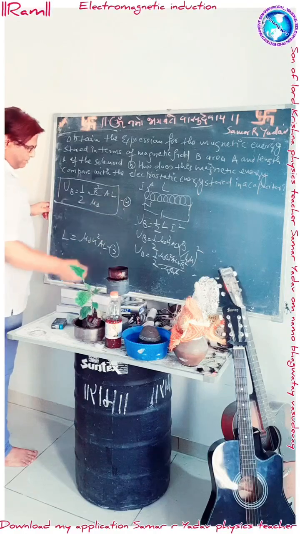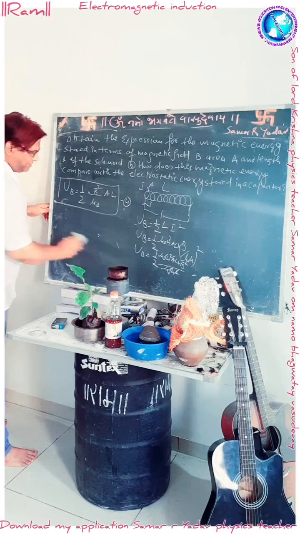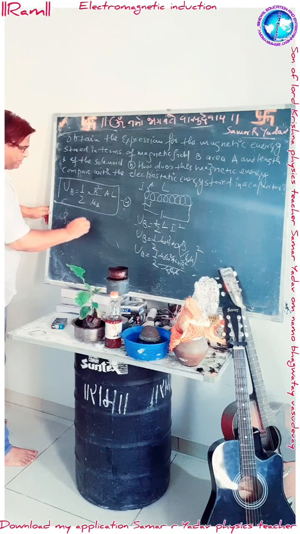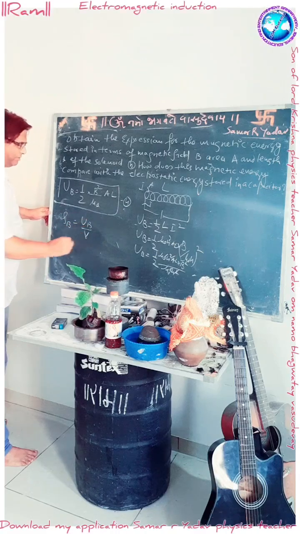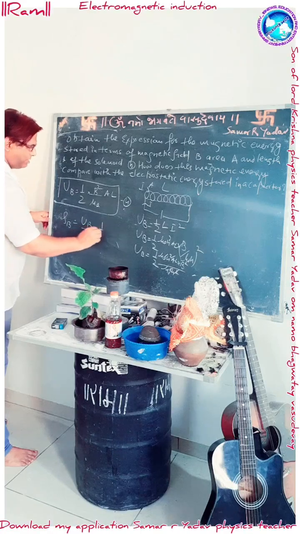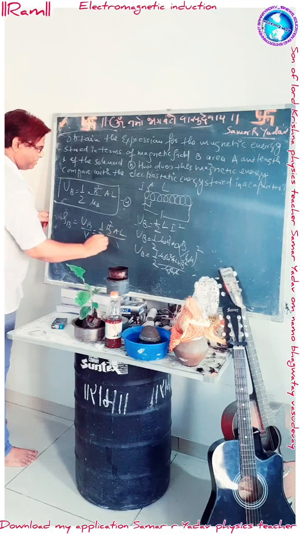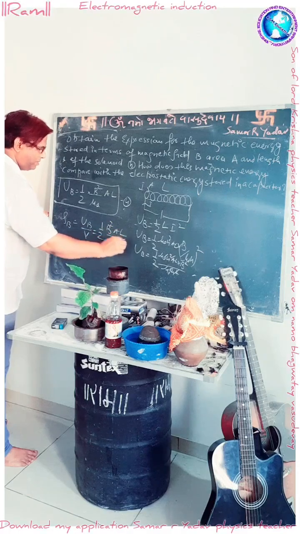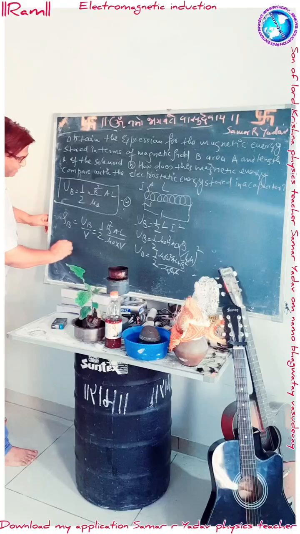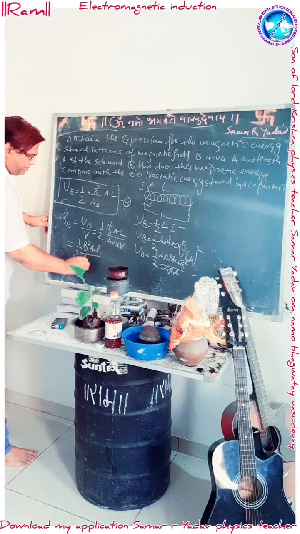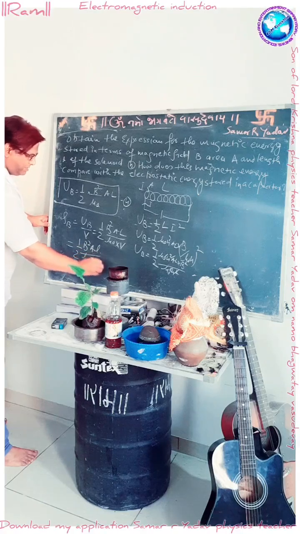Equation number 4. Now the magnetic energy density is given by, that is, magnetic energy density rho B is equal to UB upon volume is equal to 1/2 B square AL upon mu 0 into volume V. Keeping the value here, that is 1/2 B square AL upon mu 0 into AL.